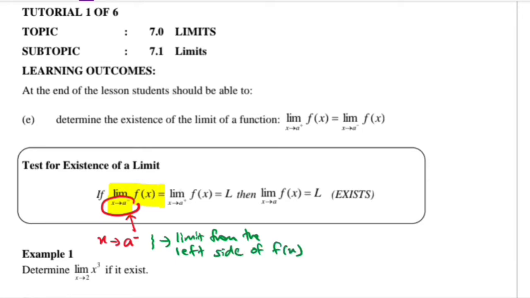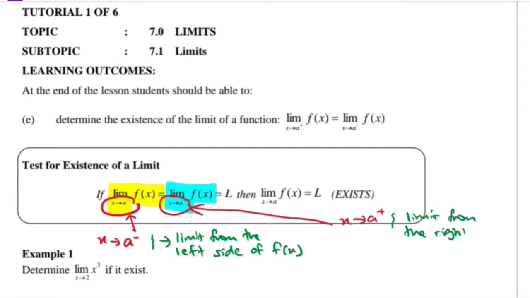And what about the one equal to it? There's a superscript of a positive. This means it's the limit from the right side of f(x).